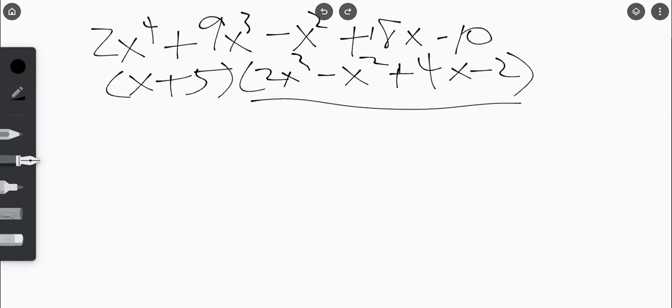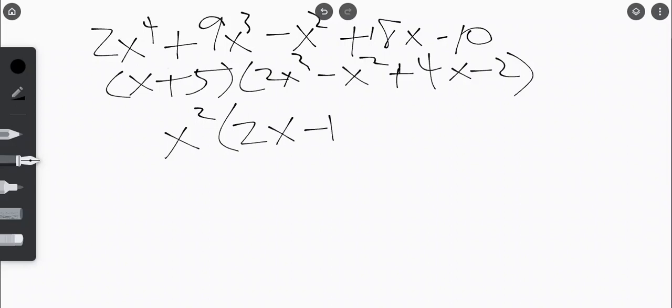But we notice that this can actually be factored by grouping. Let's group these two and these two. In the first, we factor out an x squared to get 2x minus 1. And then here we'll factor out a positive 2, to get 2x minus 1.